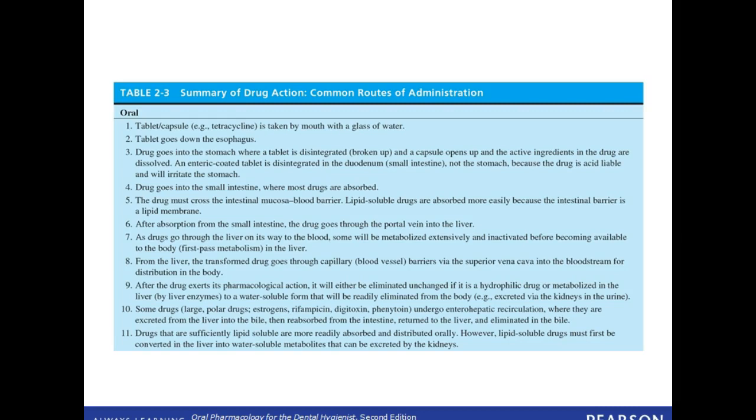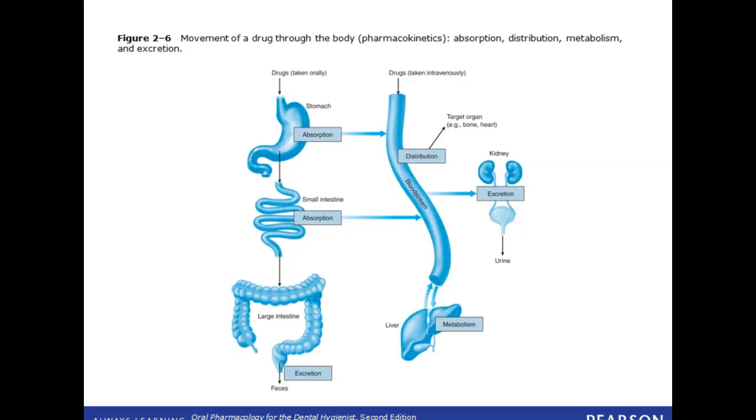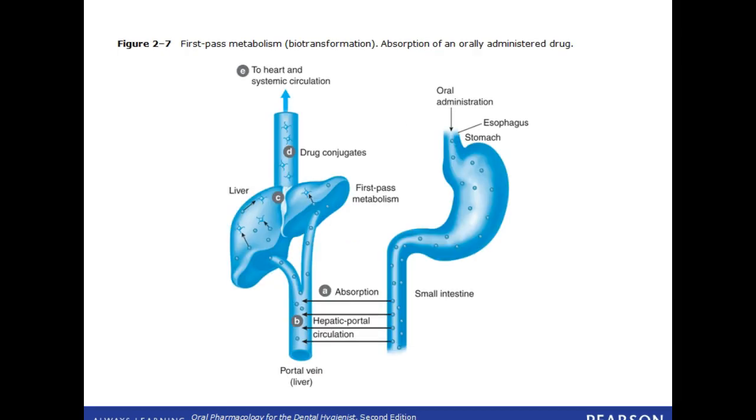Table 2-3 shows a summary of drug action for common routes of administration. Figure 2-6 shows movement of a drug through the body. Figure 2-7 illustrates first-pass metabolism.